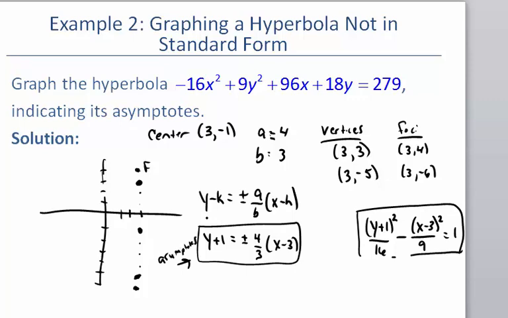Now, what I want to show you is kind of a shortcut to actually doing your graph. In the previous example, we actually plotted some points on the asymptotes and connected them based on those points. There is a different method that we can use that is perhaps a little bit easier for drawing those asymptotes. I'm going to show you the graph that the book does, and then we'll talk about how that graph is created.